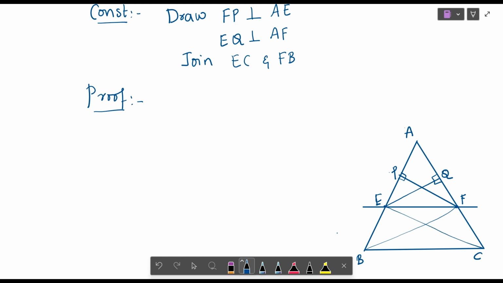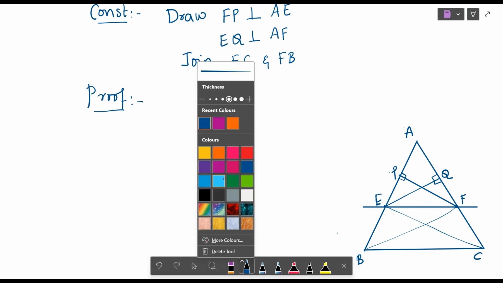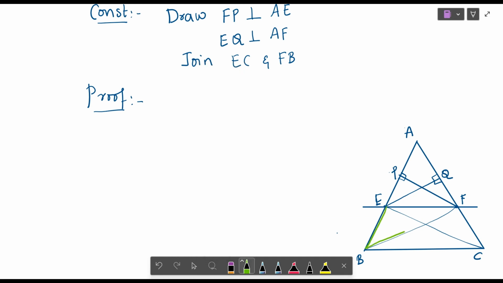So, proof. Now if you observe carefully, we are going to take three different triangles here. I am going to mark with another diagram so that you can understand carefully. What are the triangles I am going to take here? Observe carefully, students. Triangle EBF.